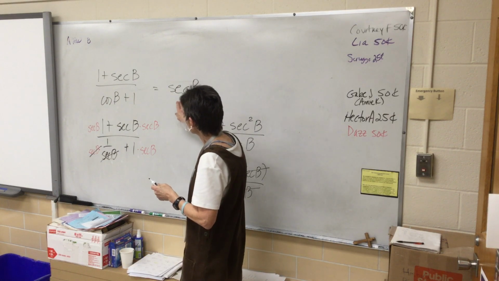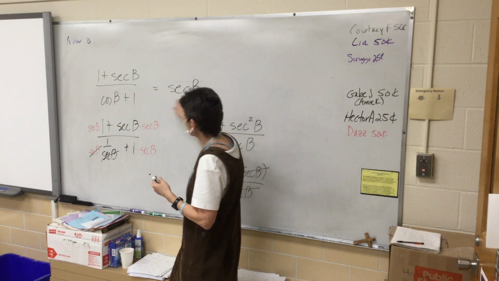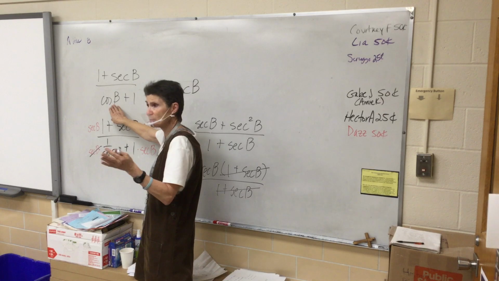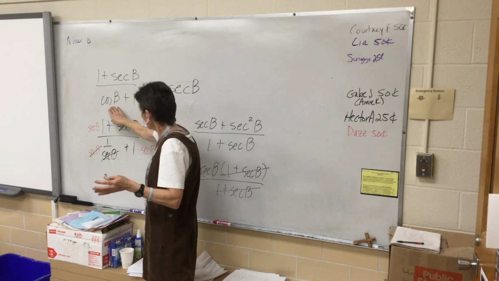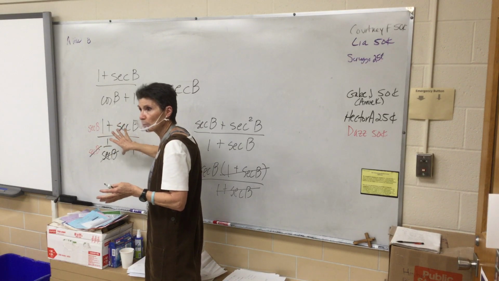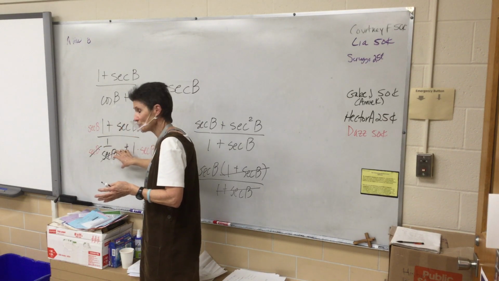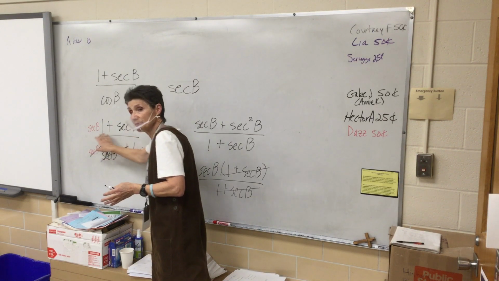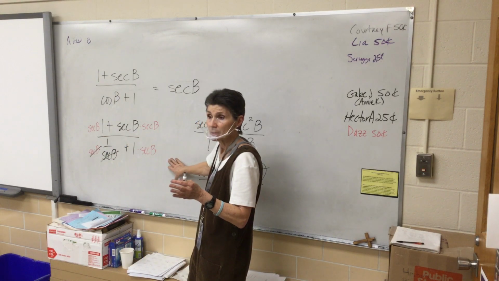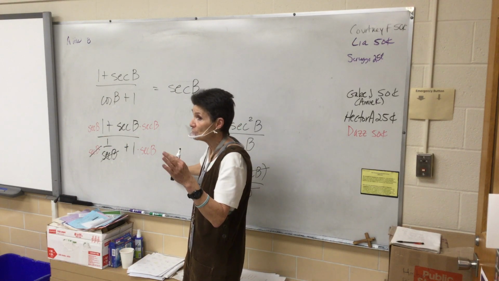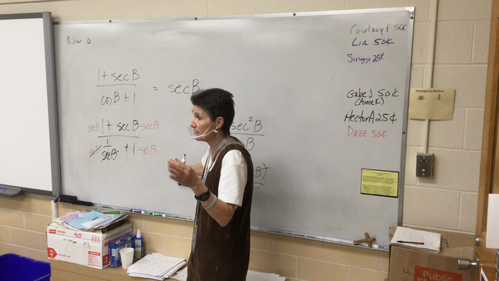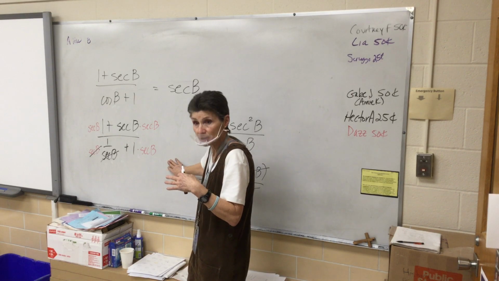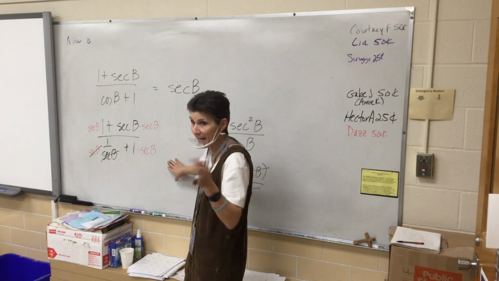Grace said, well, I got to end up with this, so let me change this into a secant. That was a great strategy, right? That was a great strategy. Then we had an algebra problem. We have a complex fraction, so we got rid of the denominators. So we have to do algebra sometimes. Factor, distribute, collect like terms, regular math stuff.